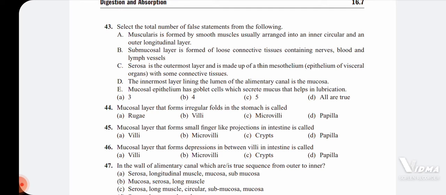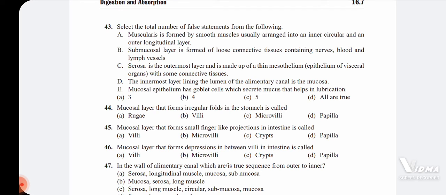Then you check statement D. The innermost layer lining the lumen of the alimentary canal is mucosa. That mucosa is going to line the lumen. Lumen means nothing but the cavity. So statement D is also the correct one.